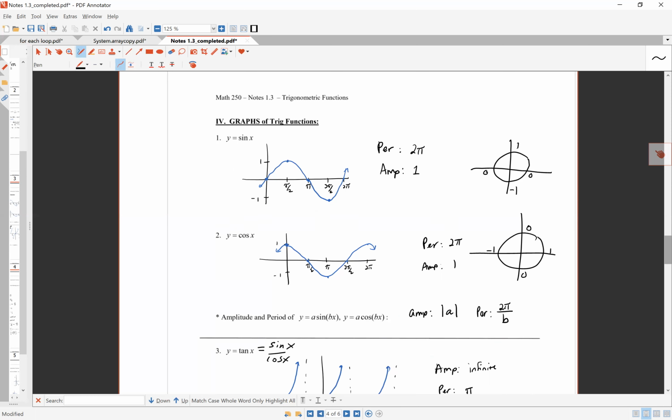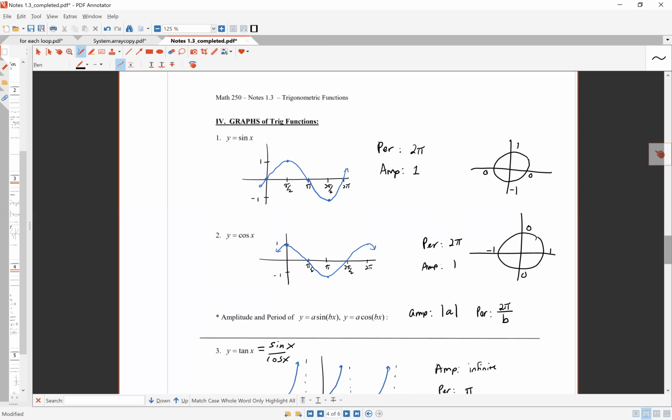So that PER means period. So let's say we graph sine. That means that the graph repeats every 2 pi units. And that AMP means amplitude. That means the greatest height is 1. Because, again, see if I draw, not that they're the greatest circles, but there's the unit circle.